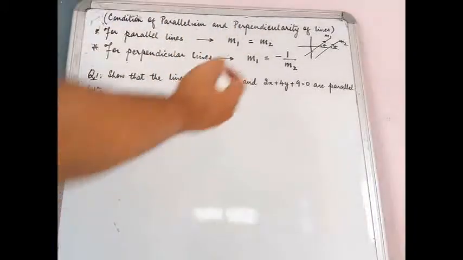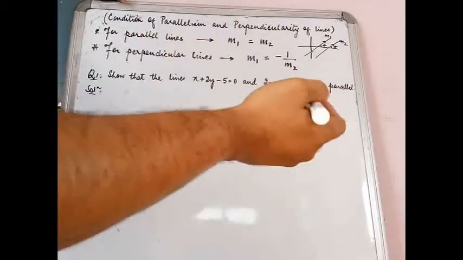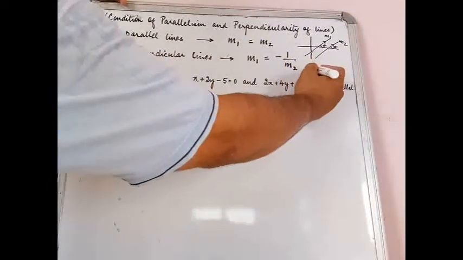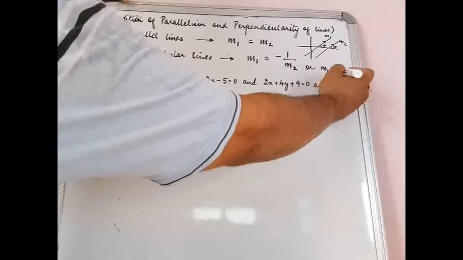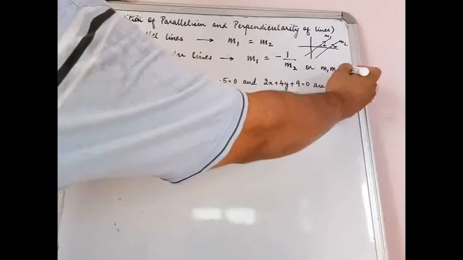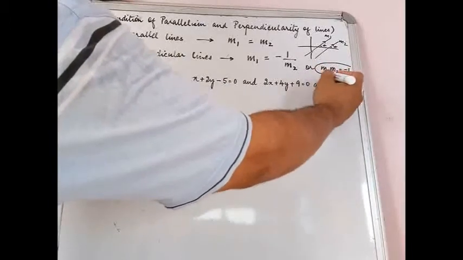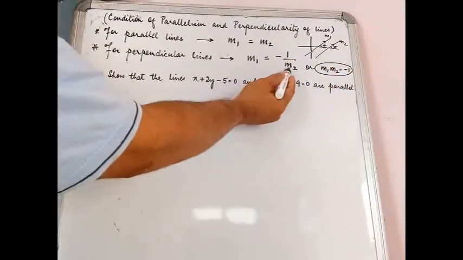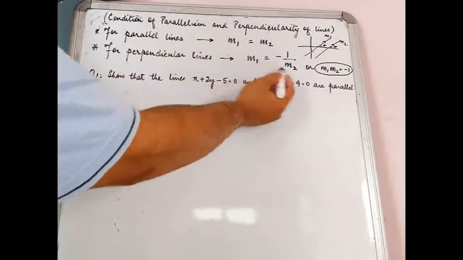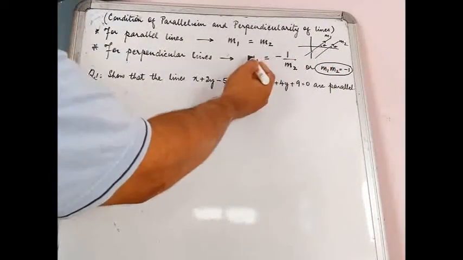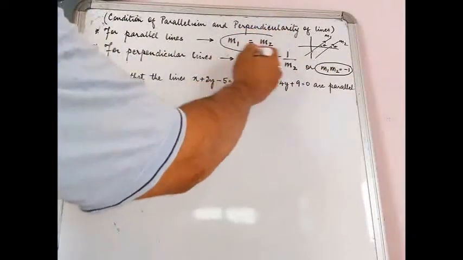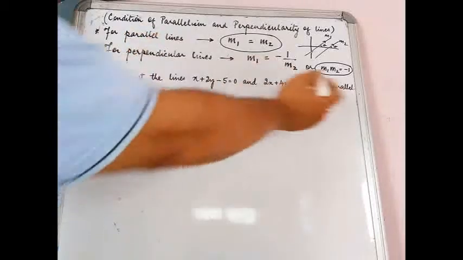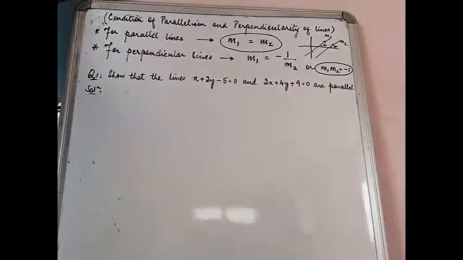So you can write m1 is equal to minus 1 upon m2, or you can also write m1 into m2, the product of the slopes, will be equal to minus 1. If you see, this m2 can go this side, cross multiply, so you will have m1 into m2 is equal to minus 1. So this is the condition for parallel lines, this is the condition for perpendicular lines.